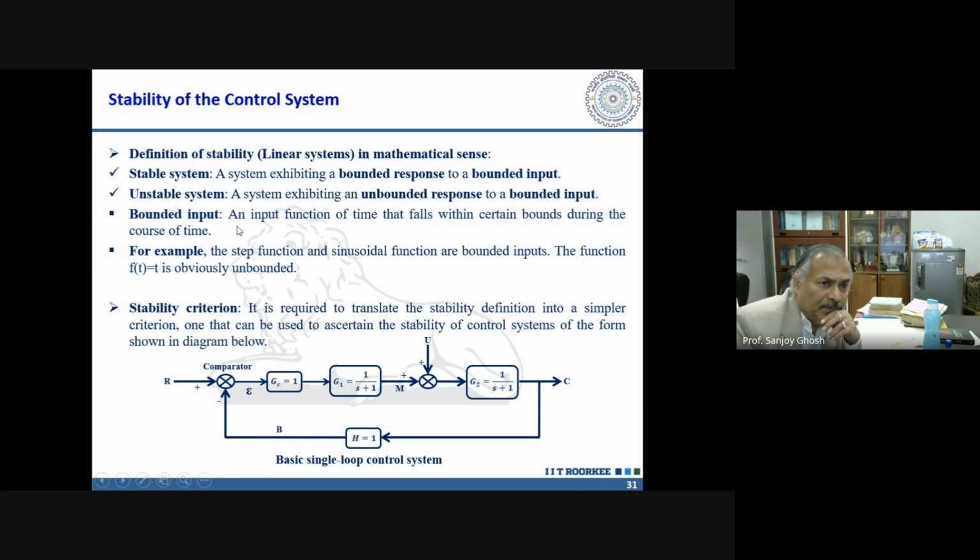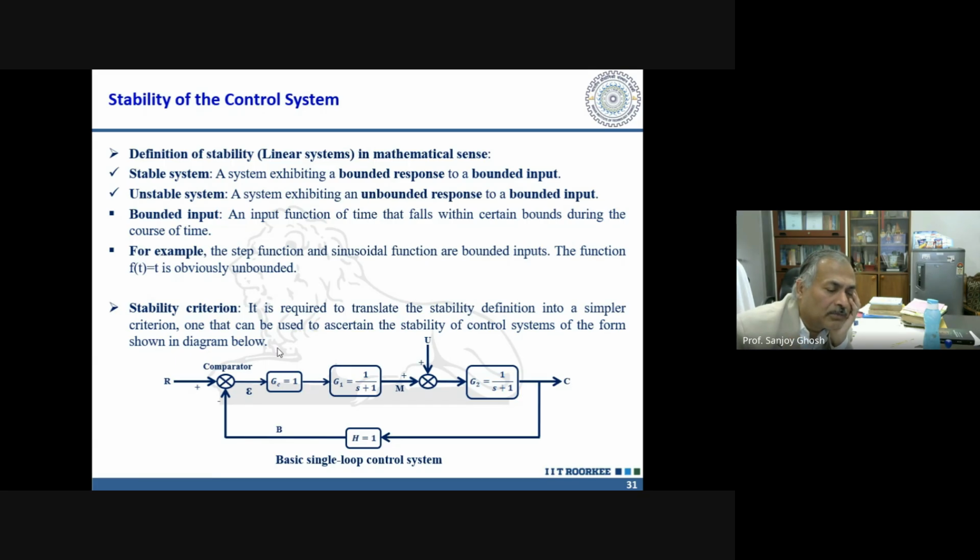Definition of stability. Okay, I have not told you one thing, that is about the controllers. Controller transformations, there are a lot of things. I will just say it roughly. The controller function, the transformation GC, there are mostly 3 types of controllers.